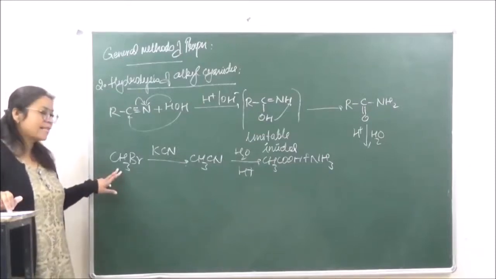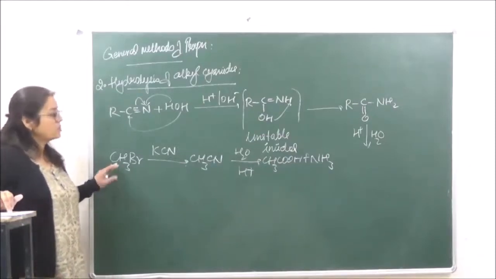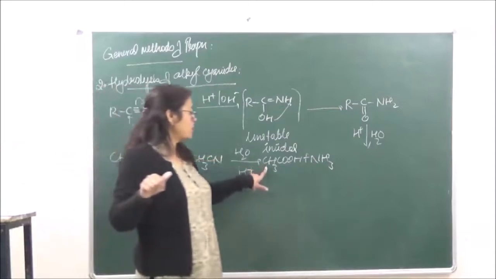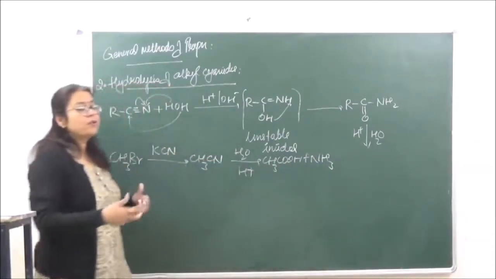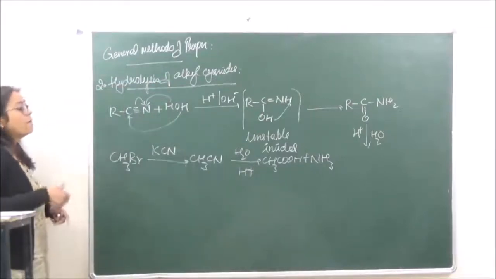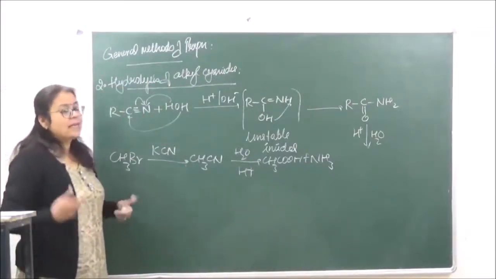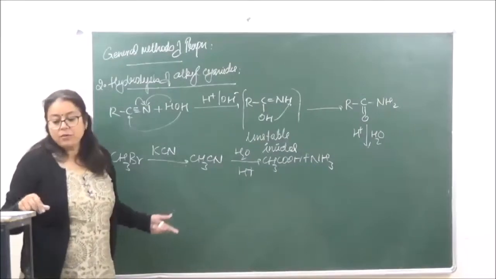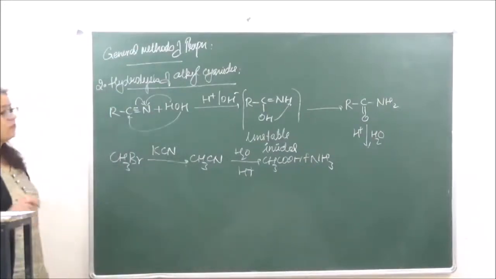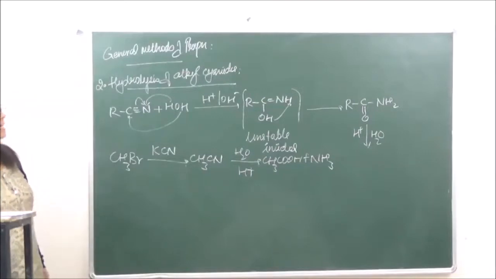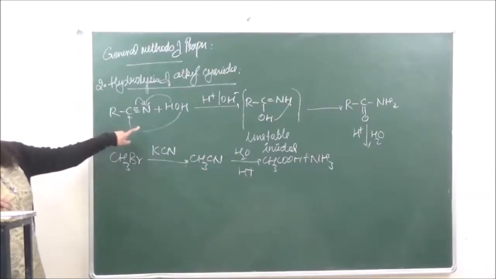Okay? So this is an upgradation reaction. Why? Because in the reactant there is only one carbon atom, and in the products there are two carbon atoms. So whenever you need to form higher fatty acids from the lower ones, you can use this method. And when we are preparing formic acid, HCN should be used instead of RCN.